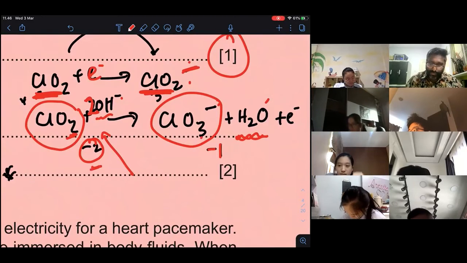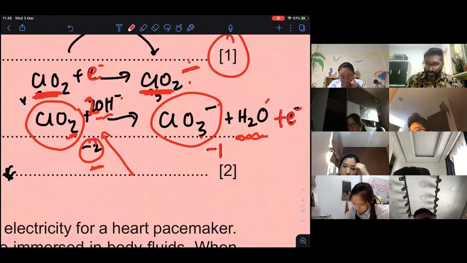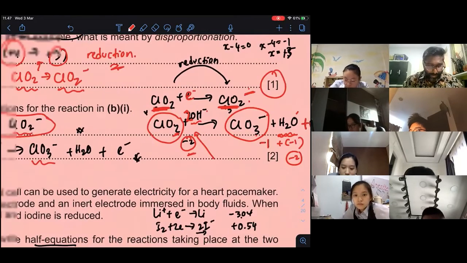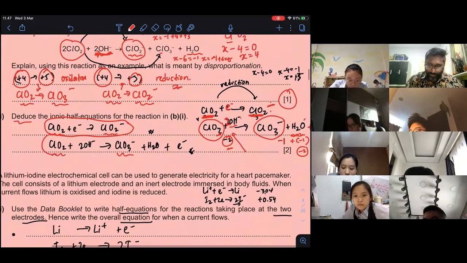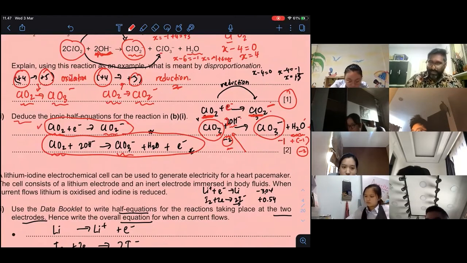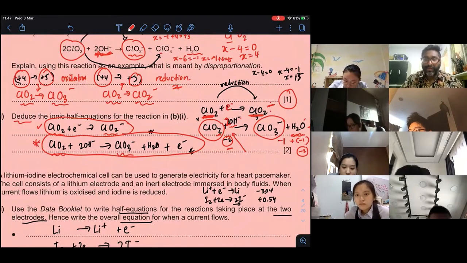So it's -2. The only way to make it -2 is by adding another electron here. So I get -2. Left and right is balanced. So that is where I get this equation. Deducing: maybe this equation is easy, maybe this one might be confusing, but I already told you how to get it.